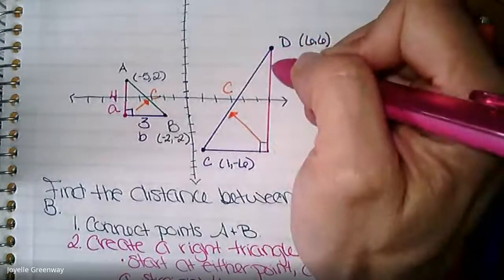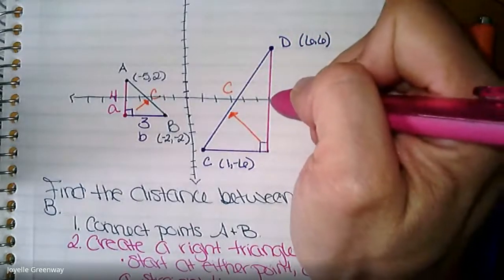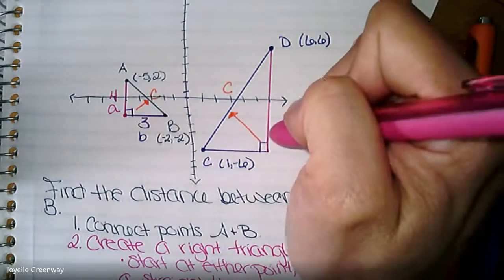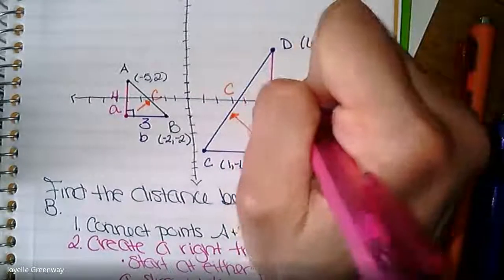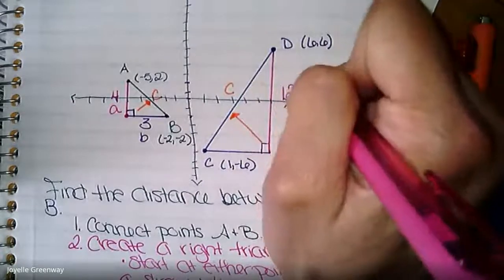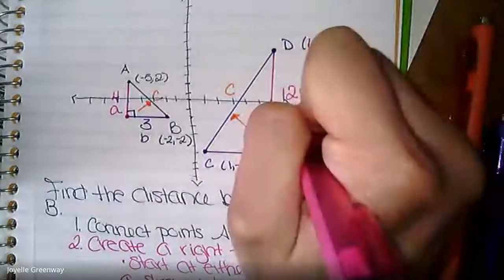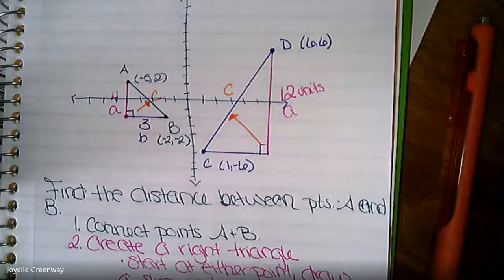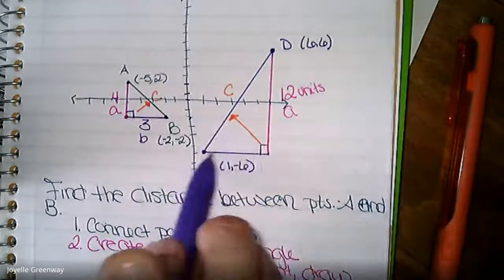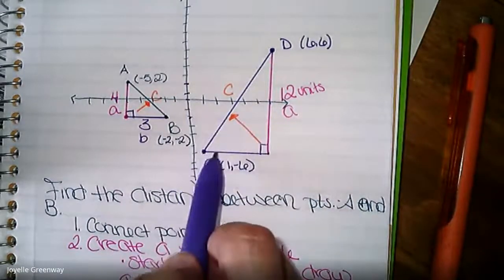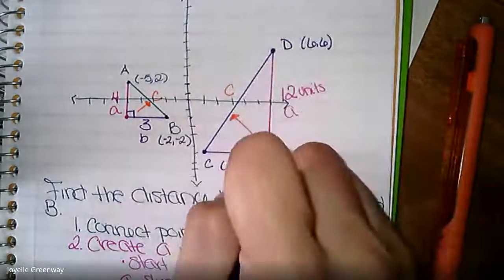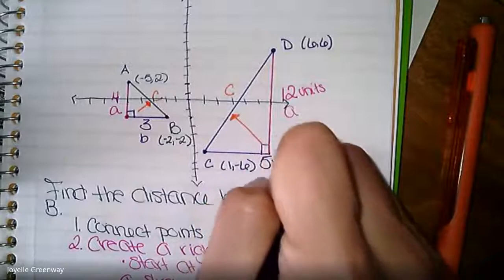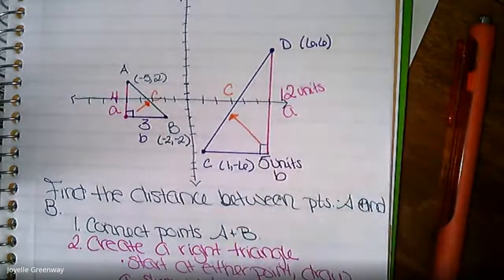I went 1, 2, 3, 4, 5, 6, 7, 8, 9, 10, 11, 12. So the length here is 12 units. I'm going to call that A. And this length here is 1, 2, 3, 4, 5. So this length is 5 units. I'm going to call that B.